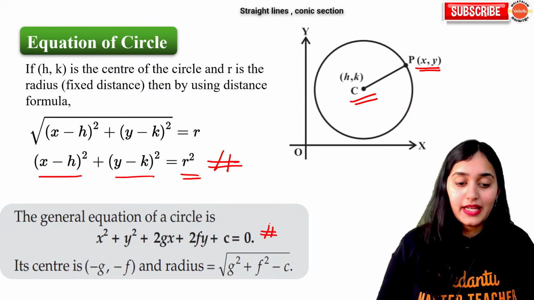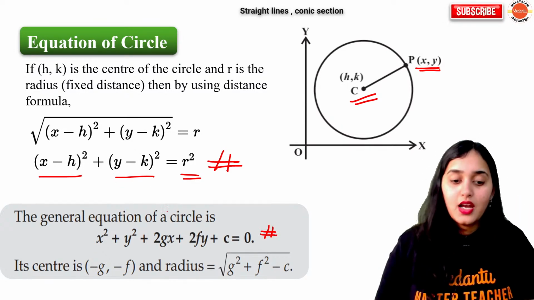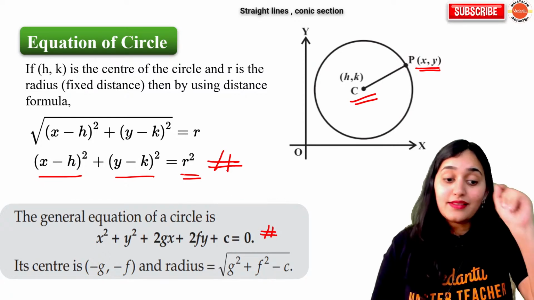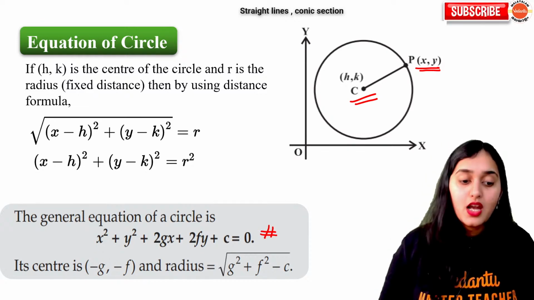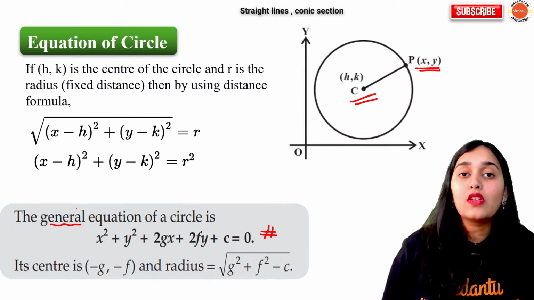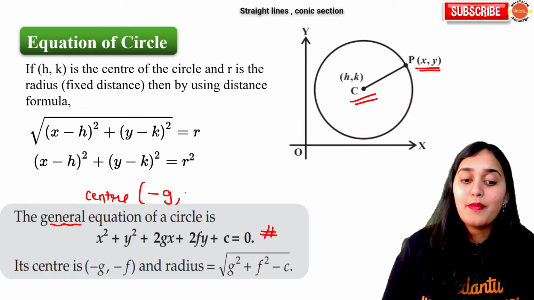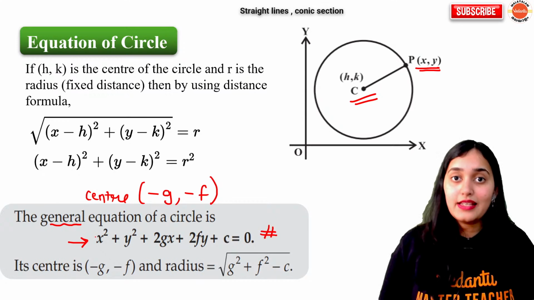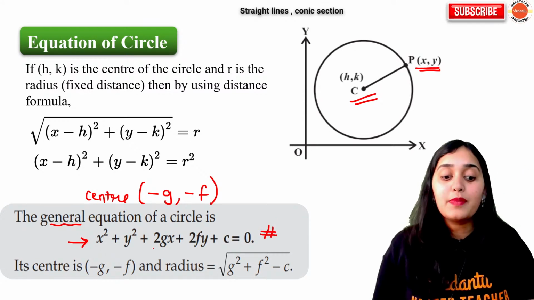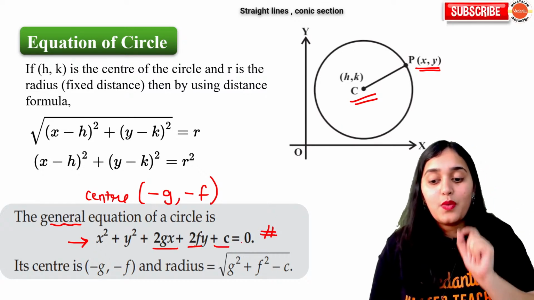The second important formula, please listen very carefully. The things I am telling are very important. Now what is the general equation of the circle? If the center of the circle is (minus g, minus f), then the general equation of the circle is x square plus y square plus 2gx plus 2fy plus c is equal to 0.